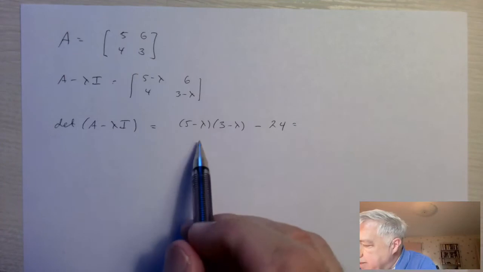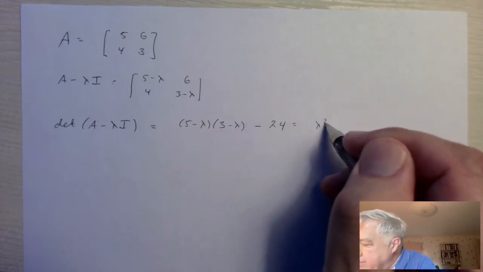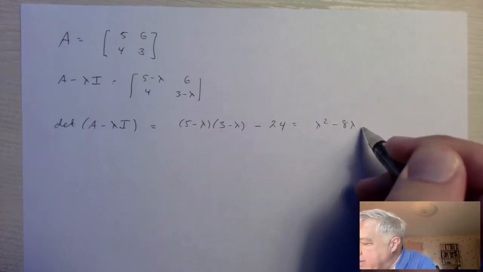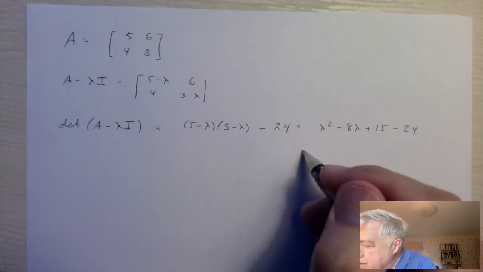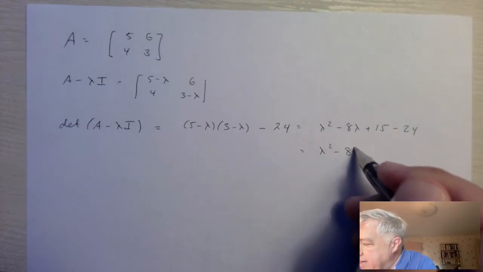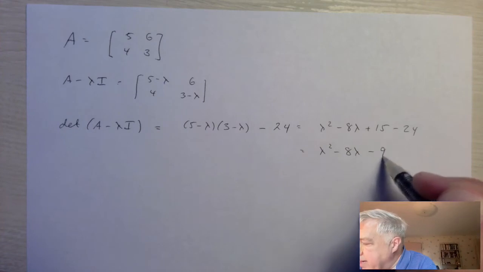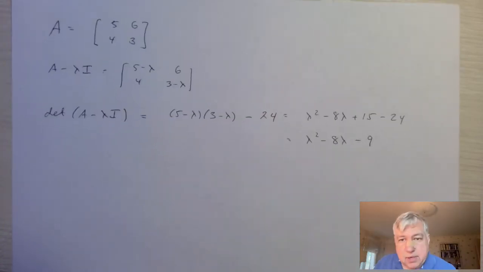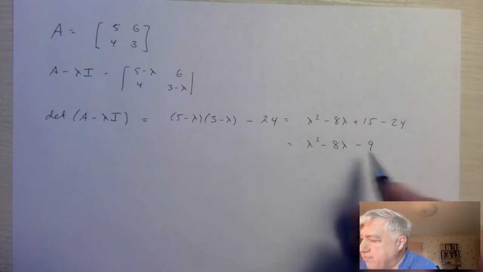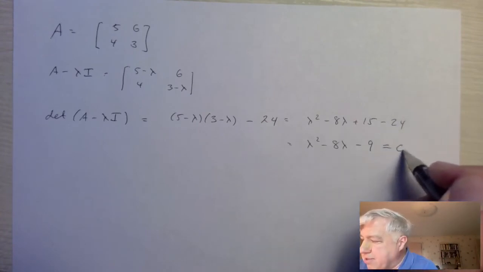If we multiply this out, this is lambda squared minus 8 lambda plus 15 minus 24, which is lambda squared minus 8 lambda minus 9. That would be the characteristic polynomial of A. To find the eigenvalues, we set this equal to 0.